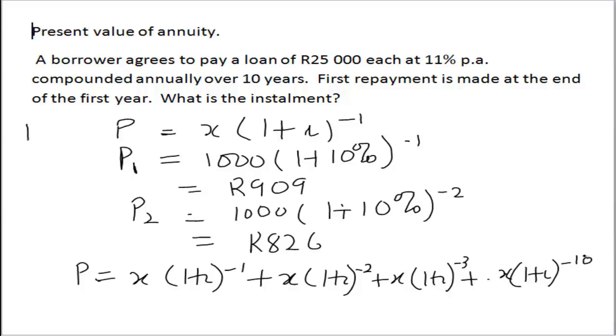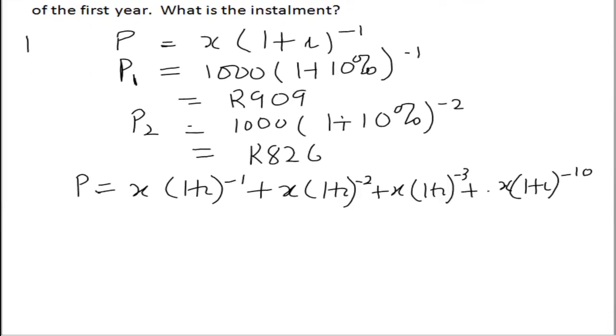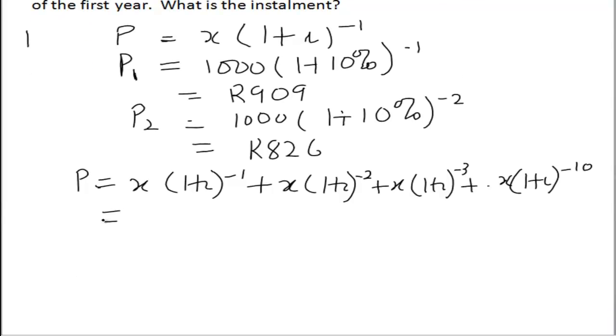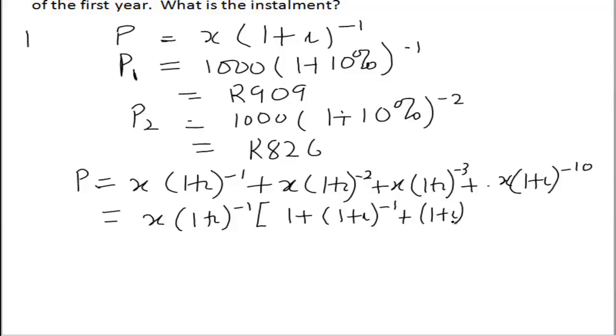Now, if we look at this problem, we've got a common factor of x into (1 plus i) to the minus 1, and if that comes out, you'll get (1 plus i) to the minus 1 plus (1 plus i) to the minus 2, and the last term would be (1 plus i) to the minus 9.